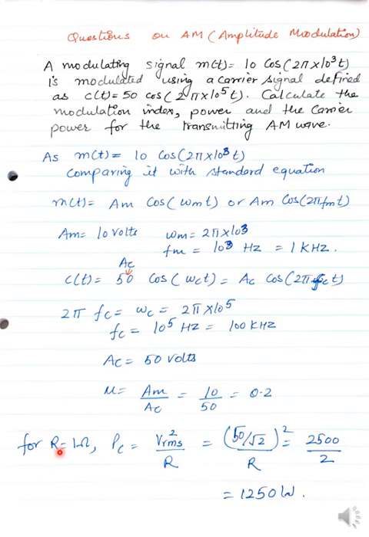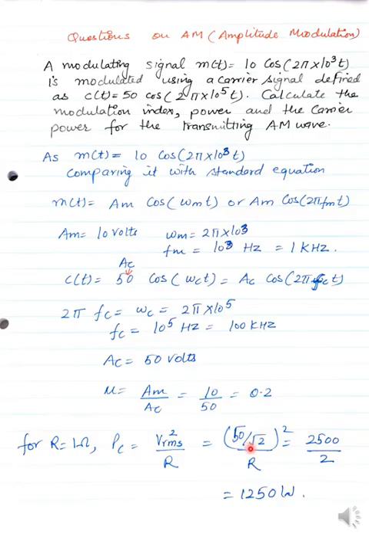Okay, now when you need to find the power, if the resistance is not given to you in the question, it means that you have to use a resistance equal to 1 ohm only. So for R equals 1 ohm, PC equals V square RMS divided by R. PC is your carrier power. What is the maximum value of amplitude here? 50.